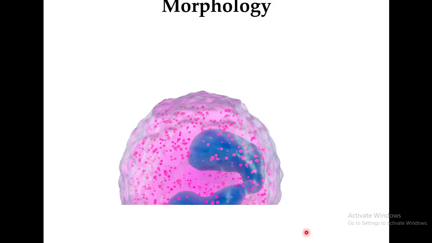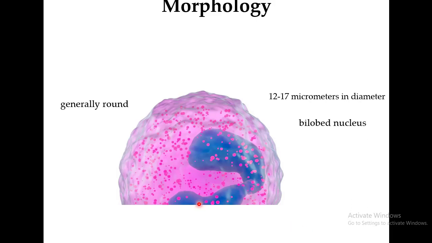Morphologically, these eosinophils usually have a size of 12 to 17 micrometers in diameter. They are usually round in shape, and they have a bilobed nucleus, as you can see in this image.